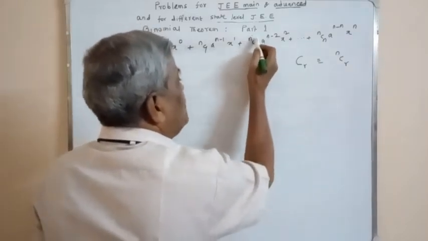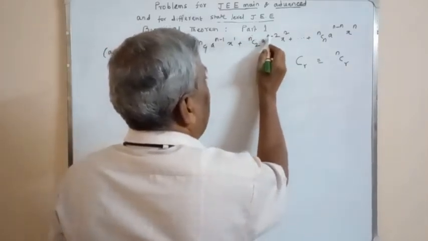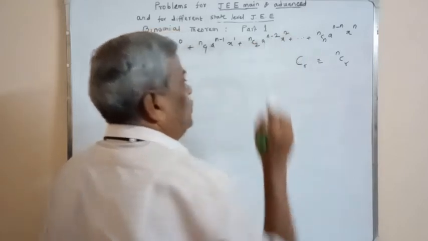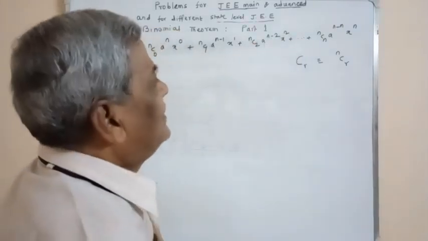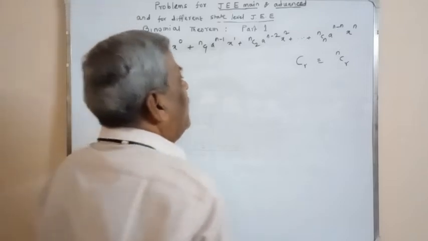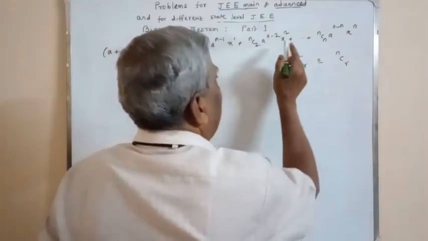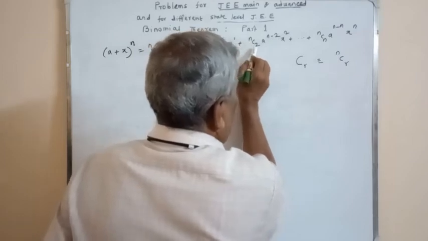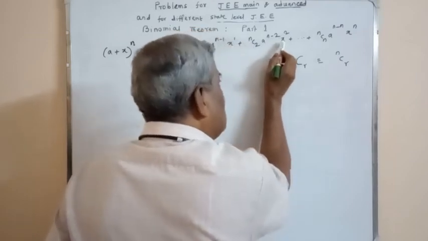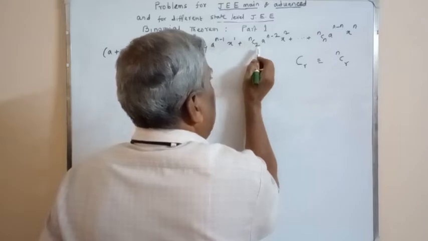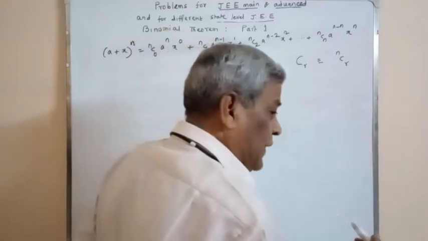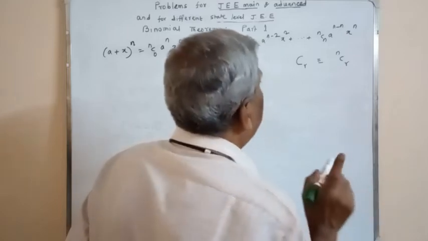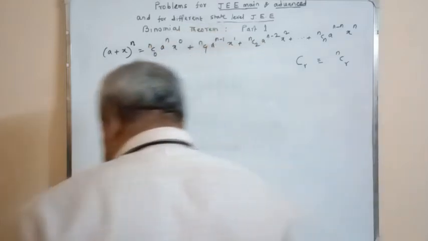Say nC2, a^(n-2), that difference, and x^2. On the contrary, if it is x^2, it must be nC2. That is, the coefficient of x^2 will be nC2. The coefficient of x^5 will be nC5, and so on.